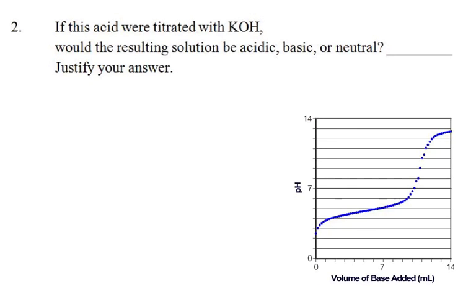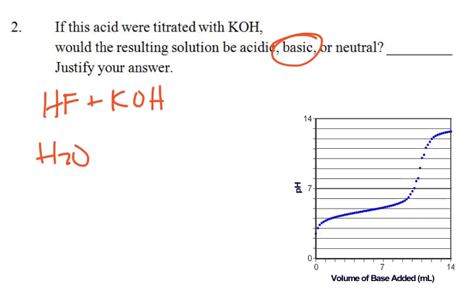Question 2. If this acid were titrated with KOH, would the resulting solution be acidic, basic, or neutral? Well, we're taking a weak acid, HF, and we're mixing it with a strong base, KOH. And the answer is it's going to be basic. And the reason it's going to be basic is after we neutralize, we're going to have a solution that has water, and it has KF, that's salt.